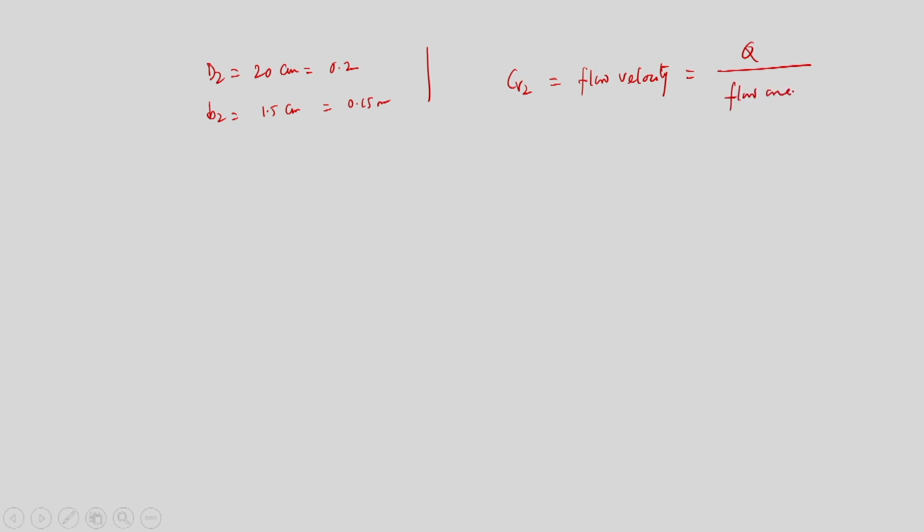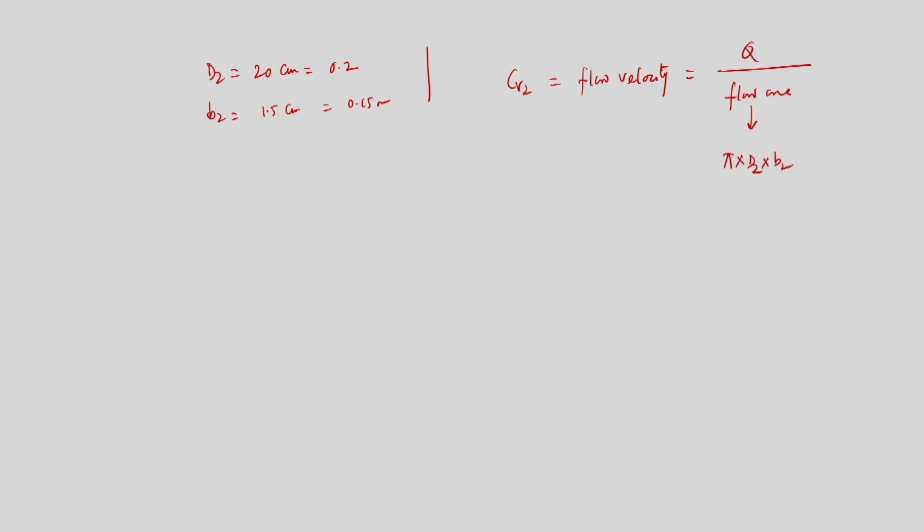And the flow area from the figure itself will be pi d2 into b2, that is the diameter at the outlet and I know the width. So pi into d2 into b2 is the flow area, and I can calculate the Cr2 from this expression.